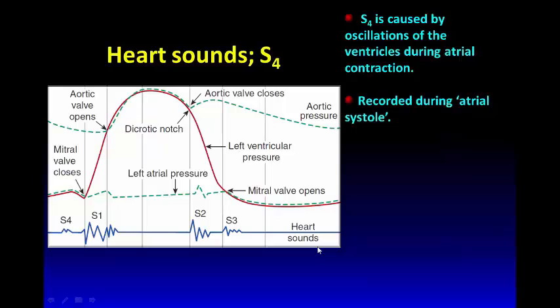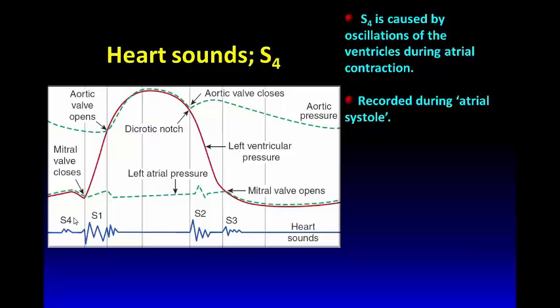The fourth heart sound can be heard before the first heart sound, and it is detected by phonocardiography, and it is caused by the oscillations of the ventricular walls as a result of atrial systole, as a result of atrial contraction.